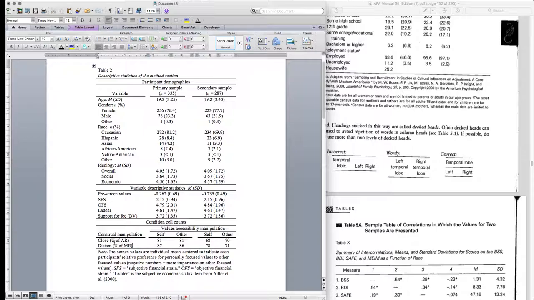So I had one manipulation where I was manipulating this thing over here, and one where I was manipulating this. Most readers might not care about the actual per cell count. But who knows if, a few years down the line, somebody's rolling through trying to do a meta-analysis related to construal level theory, or maybe a meta-analysis related to self versus other focused values.